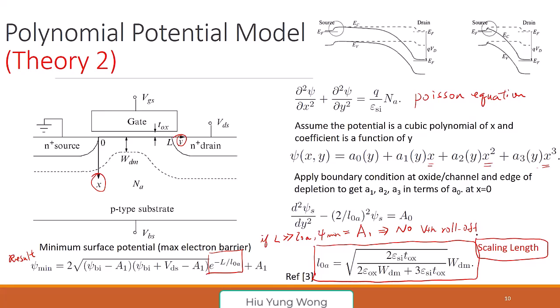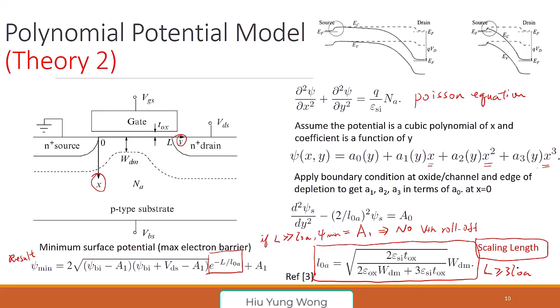For a technology, if you want to be scalable, you want to have L at least larger than 3 LOA. Because when it is larger than 3 LOA, it's e to the power minus 3. Then that gives you a small number.